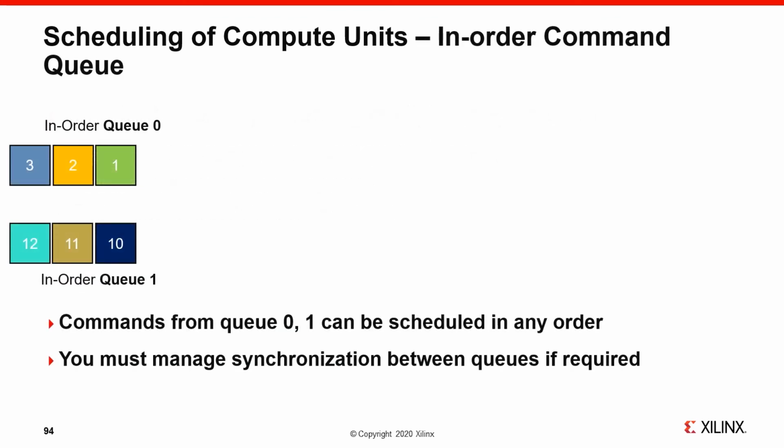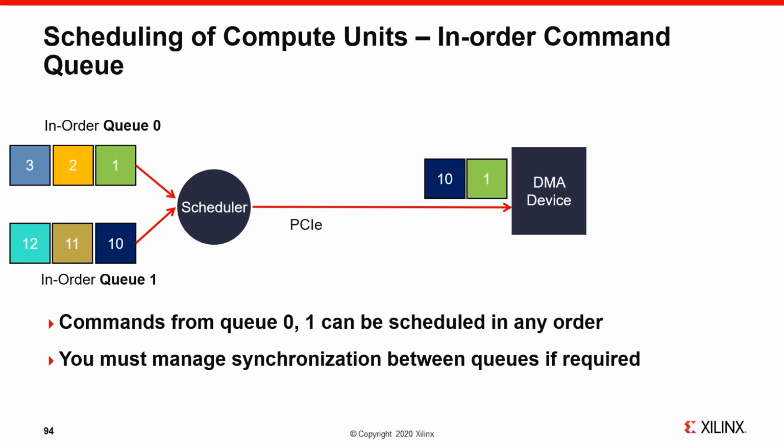This shows an example with two in-order command queues, Q0 and Q1. The scheduler dispatches commands from each queue in order, but commands from Q0 and Q1 can be pulled out by the scheduler in any order. In this example, Q0 commands are labeled as 1, 2, and 3, and Q1 commands are labeled as 10, 11, and 12.